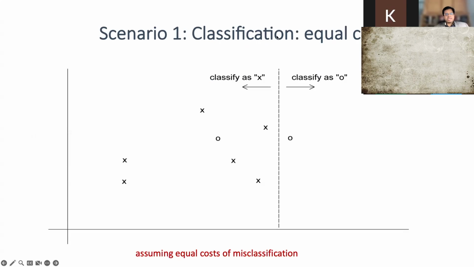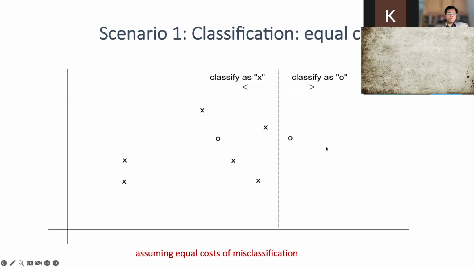So scenario 1 is classification with equal cost. Let's say we have a model. It classified this set into the class denoted as O, and it classified all these cases as class X. So one of these O's is incorrectly classified as X. Now this is equal cost, so that does not matter.